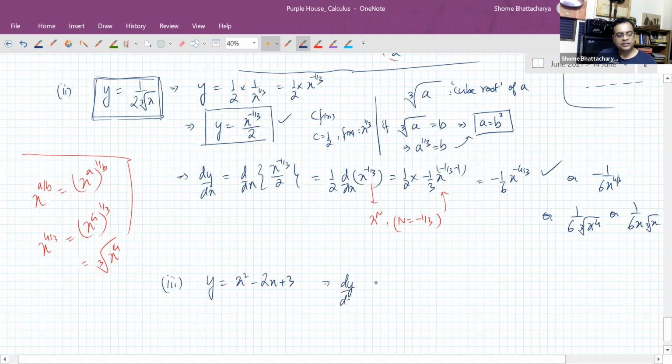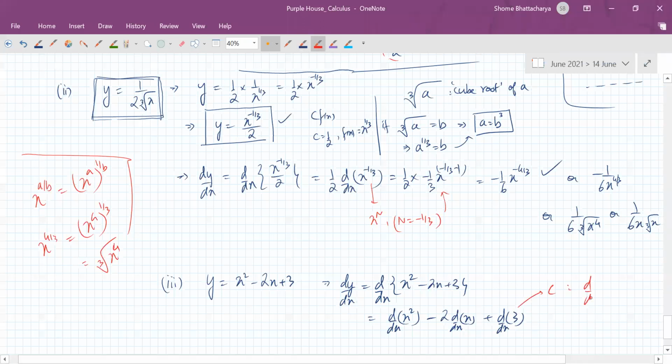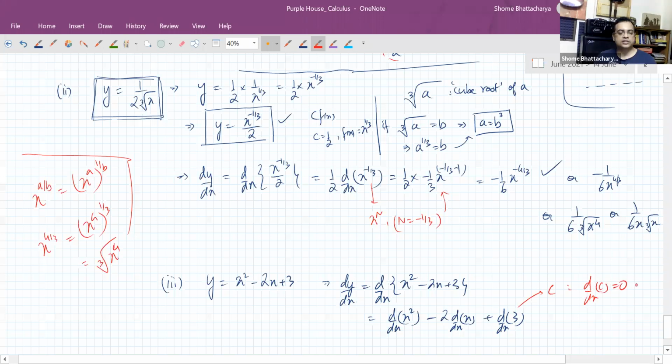So for this one's derivative, we'll just apply the properties of differentiation before we apply formulae. You can see that there are three different terms, so we have to separate them out. First step is the distributive property. Now in the second step, this 2 is constant, so bring it out. And the third one, we're going to apply the property that differentiation of a constant is 0.